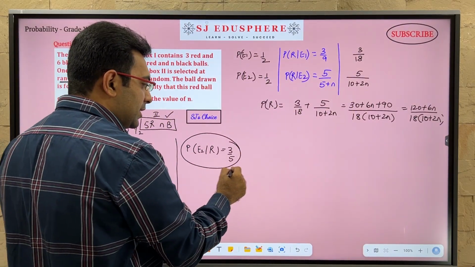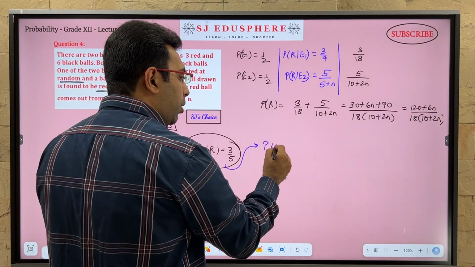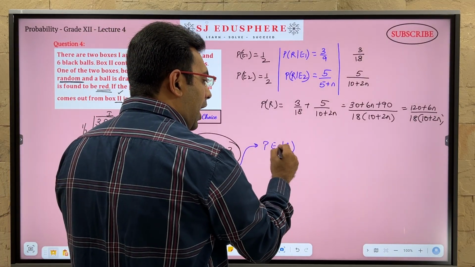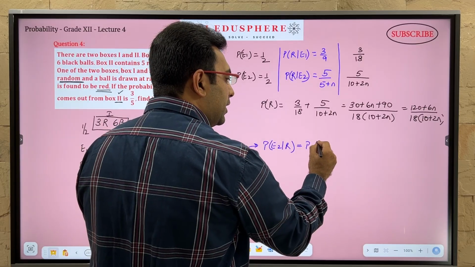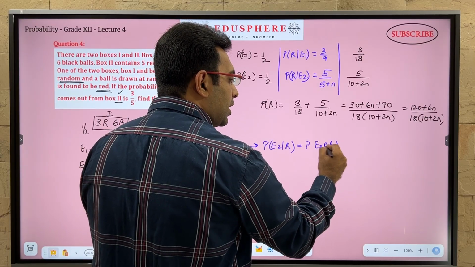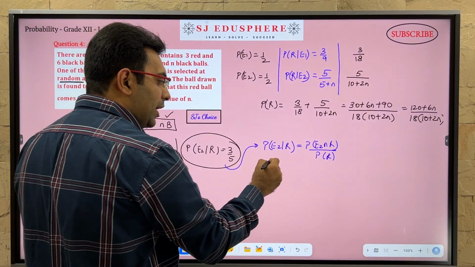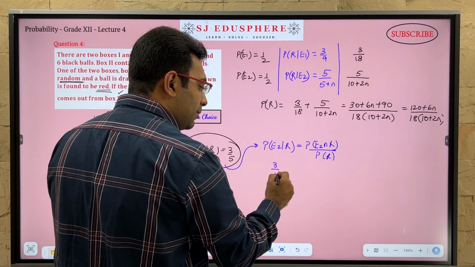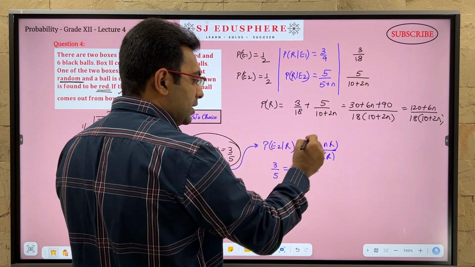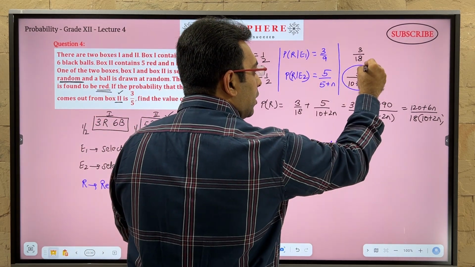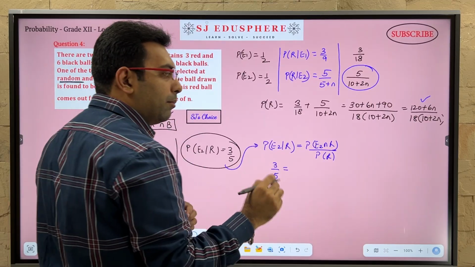My question says probability E2 given R is probability E2 intersection R upon probability R. This value is given to me as 3 by 5, which is this number upon the total number.